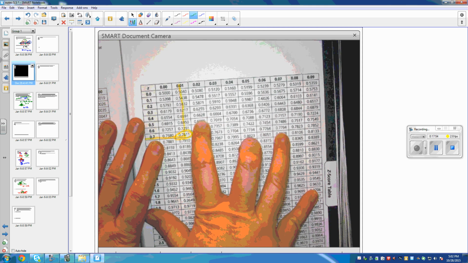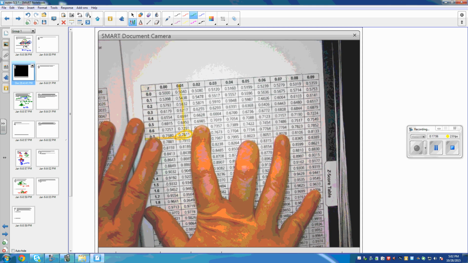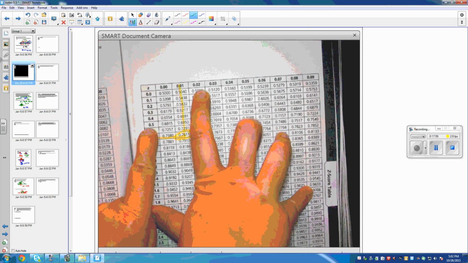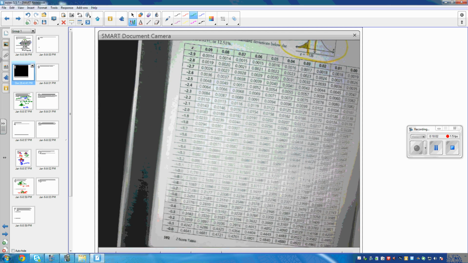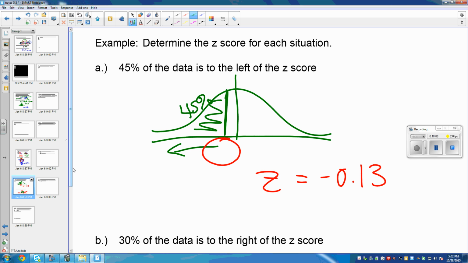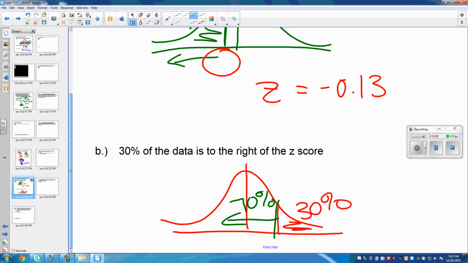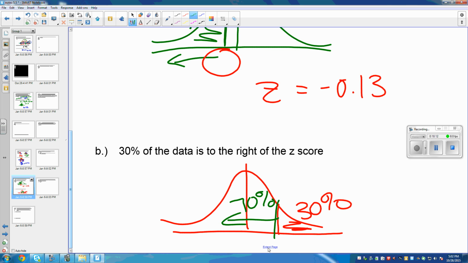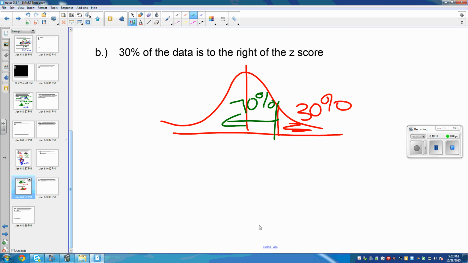So, coming back here, 30% to the right is 70% to the left, which will give us 0.52 for our z-score. It is positive because it is to the right of that mean. Right? So we're going to look at a couple examples here.